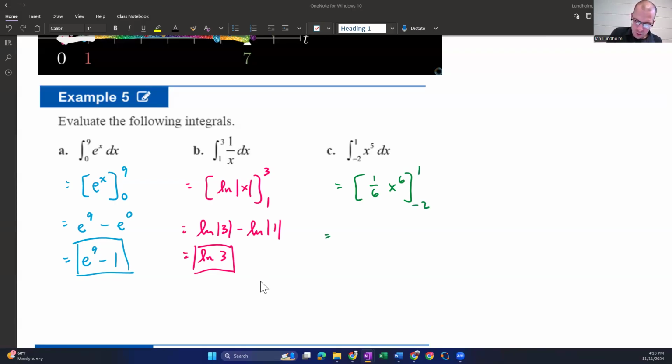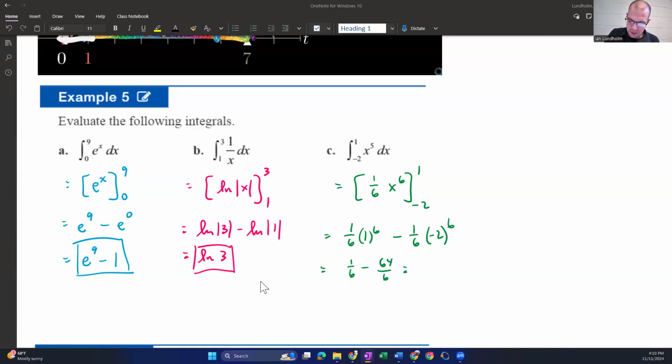And then we plug in 1 for the first part, and then we subtract off, throwing in -2. And so we would get 1/6 minus, oh my, 2 to the sixth power should be 8 times 8, which is 64. Okay, so 64 over 6.